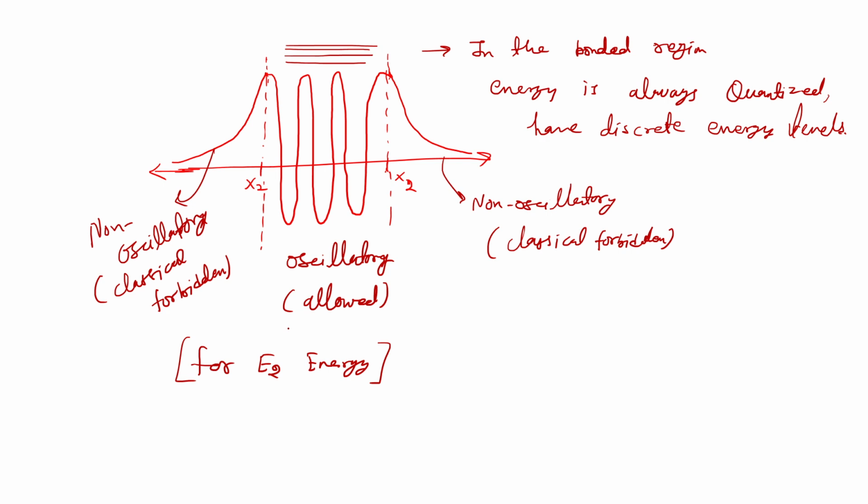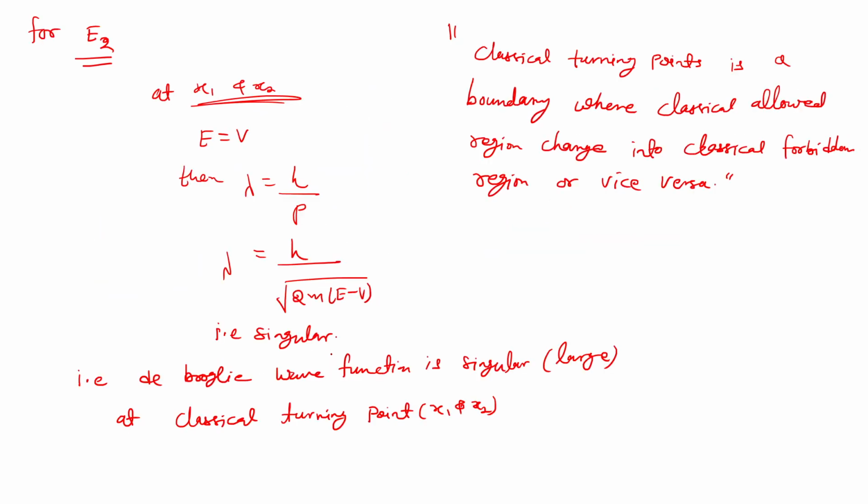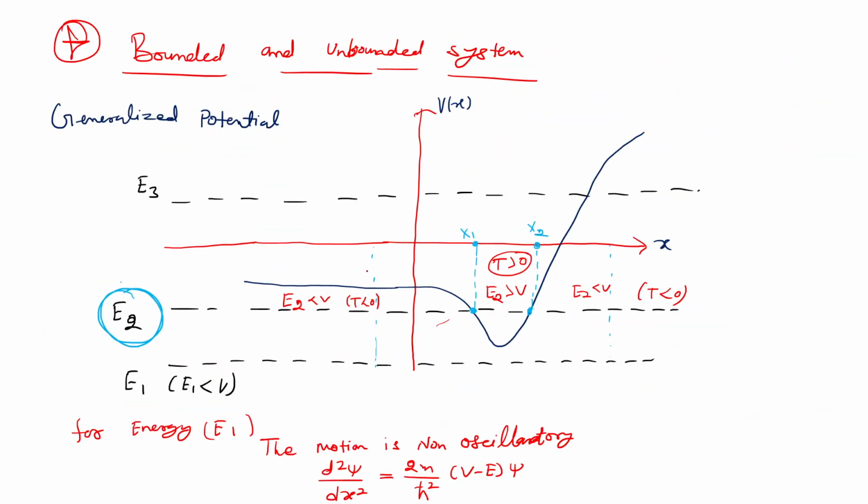Okay, so now the next thing is E3. For E3, can you directly make it? For E3, we have E3 greater than V, so that means kinetic energy is positive in this region. And here again the kinetic energy becomes negative because the potential becomes greater than the E3 energy.